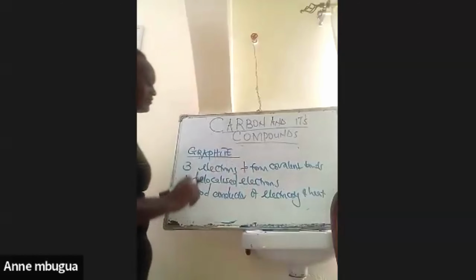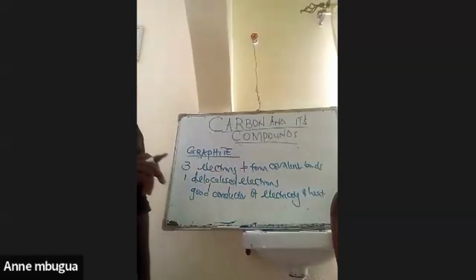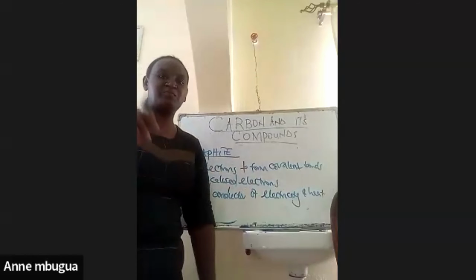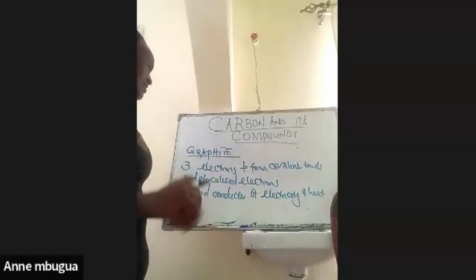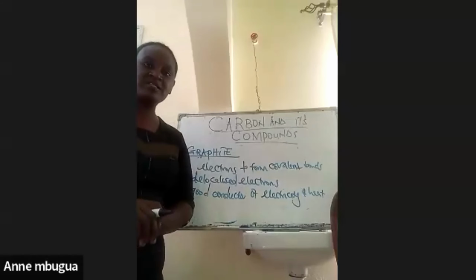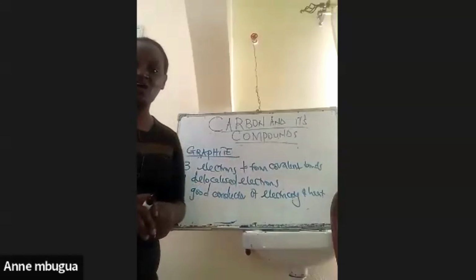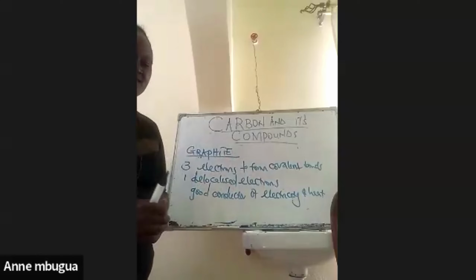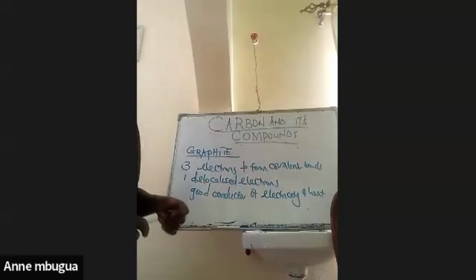So this is the kind of question you find in exam. In terms of structure and bonding, explain why graphite is a non-metal, yet it conducts electric current.